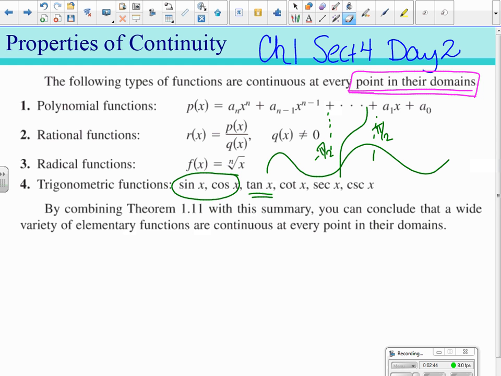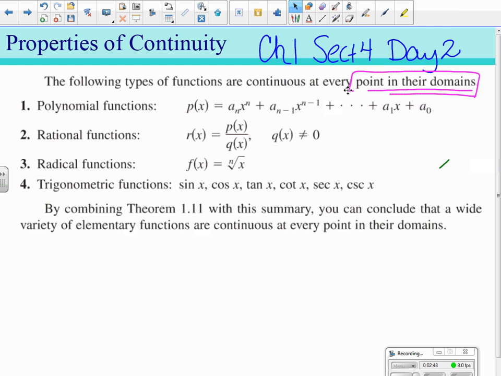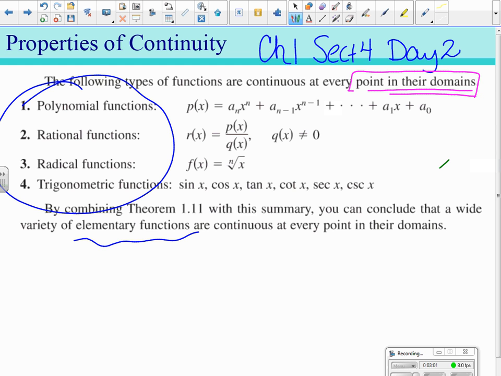So there are some spots with trigonometric functions where the domain has restrictions. By combining some theorems together, we get this summary: there's a wide variety of elementary functions like those that are continuous at every point in their domain. So remember, there's that qualifier.